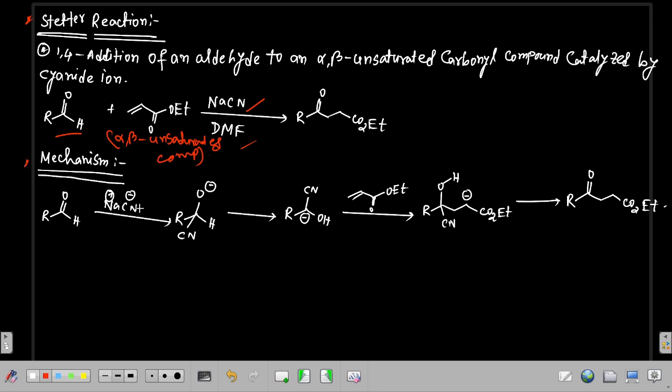So first, the cyanide ion will attack on the carbonyl carbon, and this bond will shift. After this, this O minus will abstract this proton, and it leads to the formation of this stabilized carbanion.